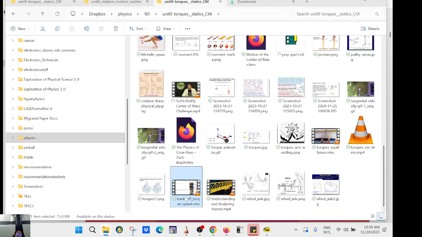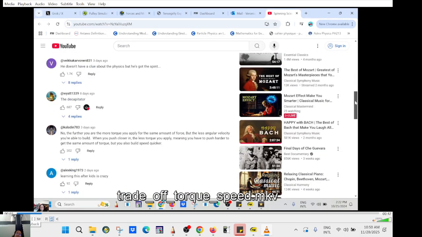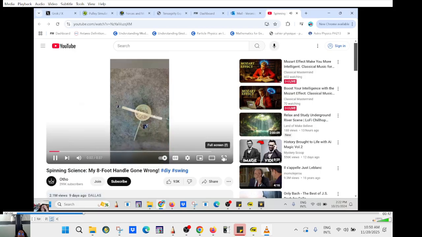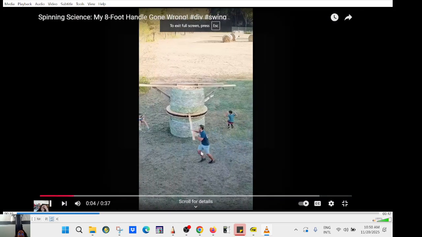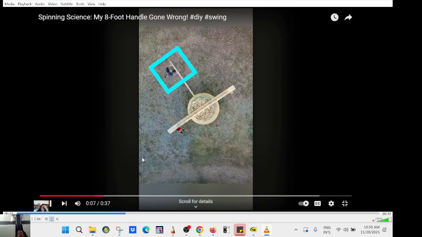Okay, so for example, in that case, because it's a trade-off between the force that you apply and the speed. Distance is speed, because it's the time. Speed is distance over time. So you see here, he's trying to make it fly.